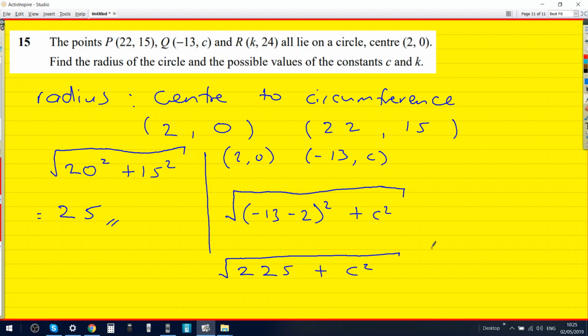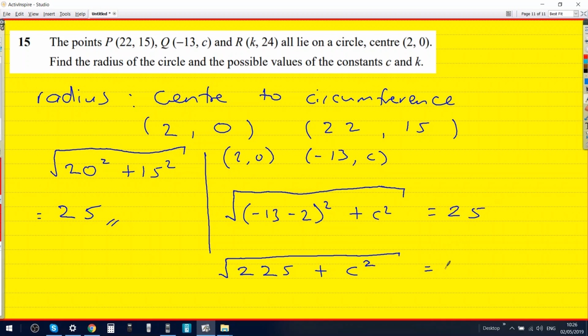So we have to solve for C. How do we do that? Is it all equal to 0? This gives you the radius, doesn't it? Right, yeah. So it's equal to 25 then. Yeah.